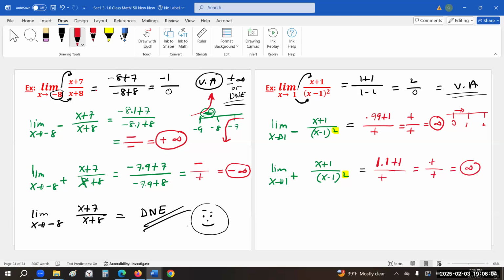So the observation I mentioned before actually worked here. Our denominator has an even power, so our limit does exist here. The limit at 1 of this function is infinity.